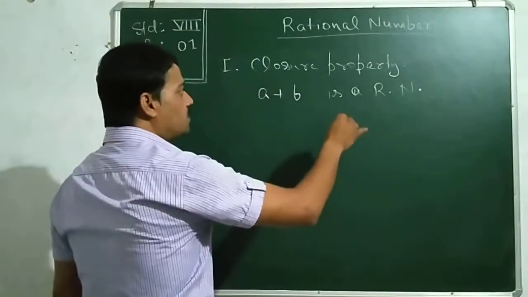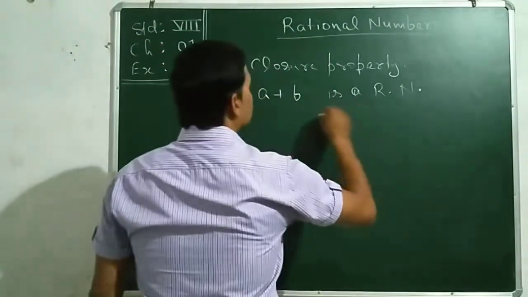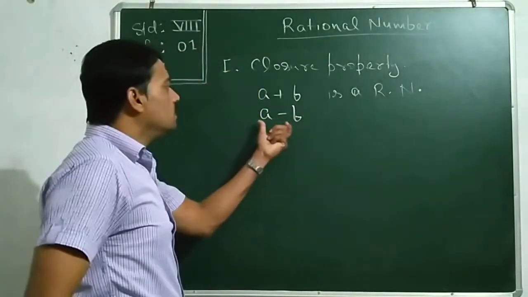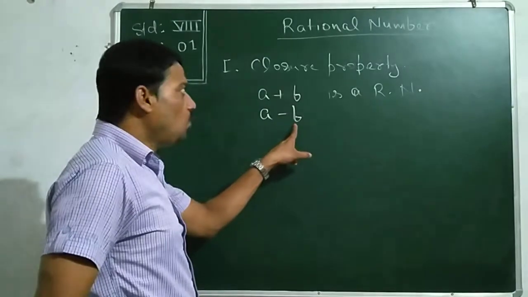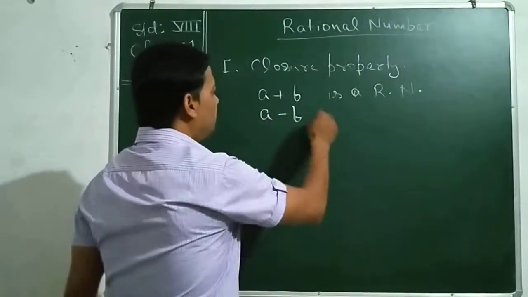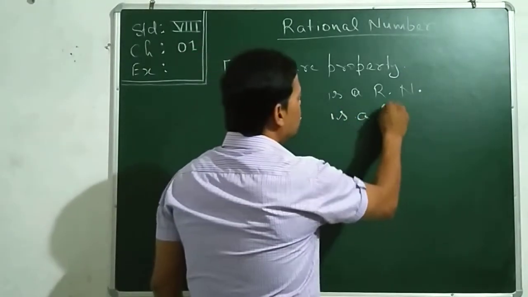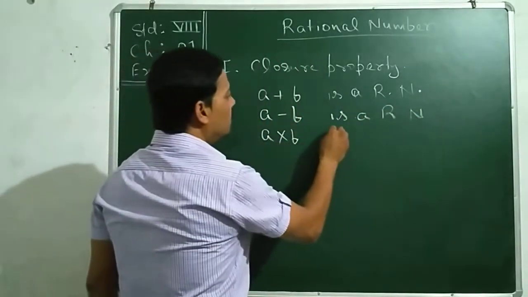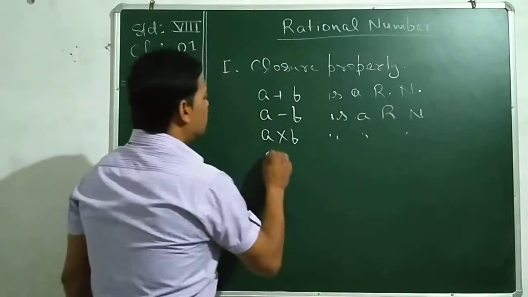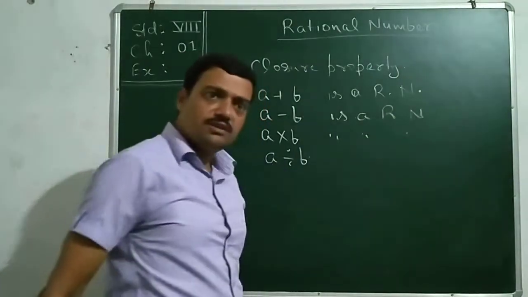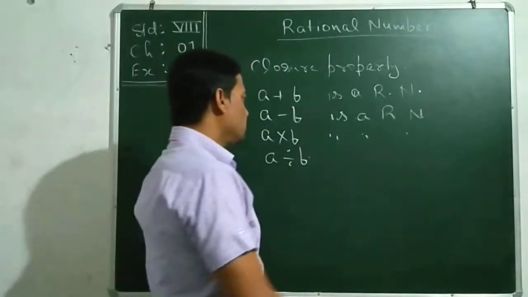Where we have also considered A minus B. A and B both are rational numbers. A plus B is also a rational number. A minus B is a rational number. A into B is a rational number. But think about A divided by B. It might not be a rational number.